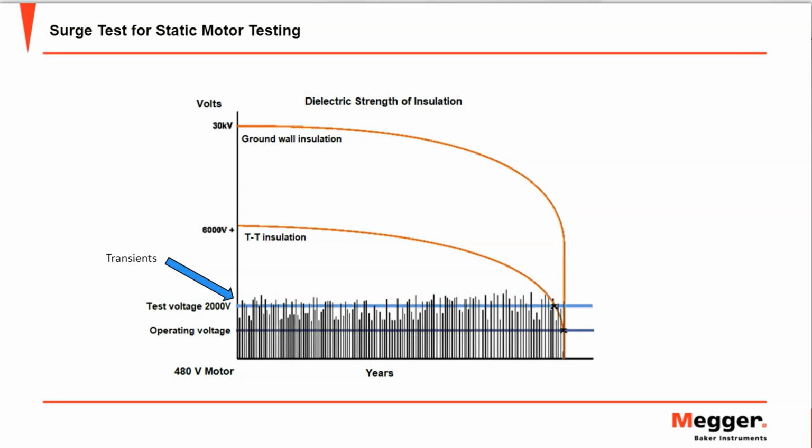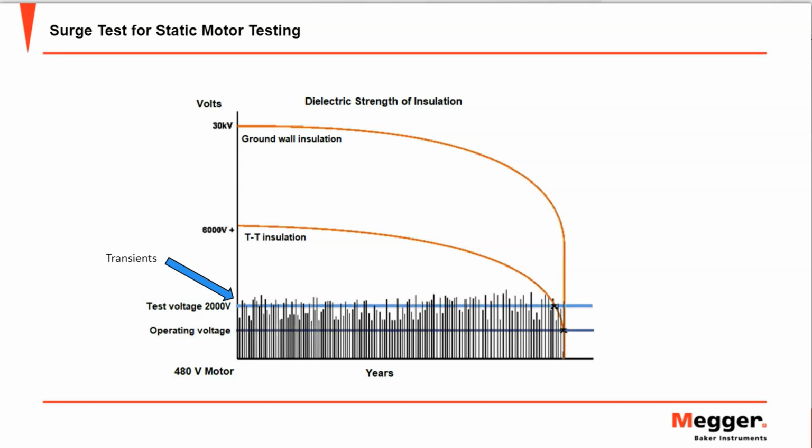That means for this 480 volt motor, the average is 2000 volts. Then you have here the turn-to-turn insulation of that motor, the breakdown of that insulation is at 8000 volts approximately. So through the years, we have a degradation of the insulation.